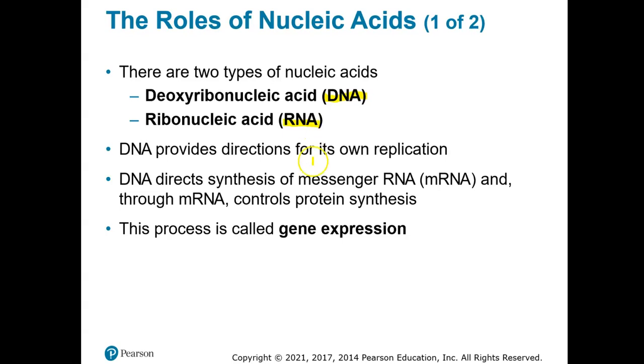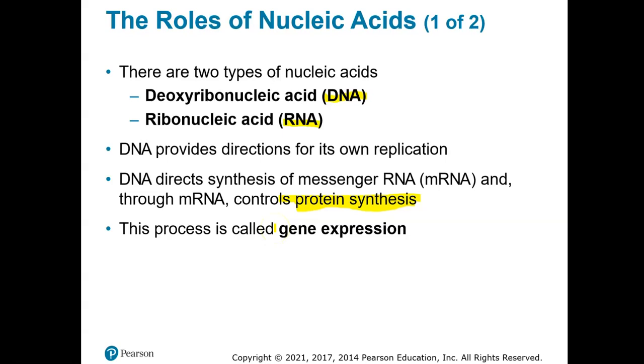Protein synthesis is the function of DNA. In other words, making a specific protein or a specific polypeptide. The way that works is DNA directs the synthesis of messenger RNA, and then messenger RNA directs the synthesis of a protein. And that entire process is called gene expression.